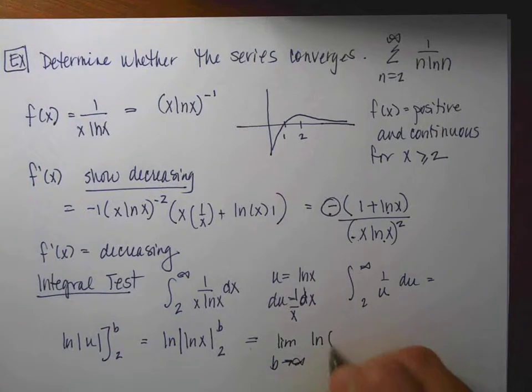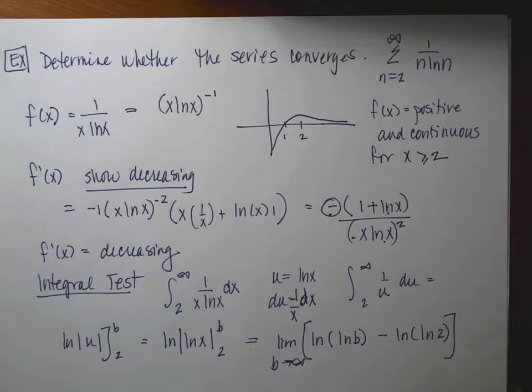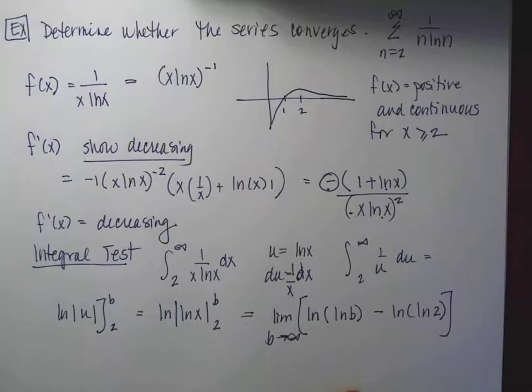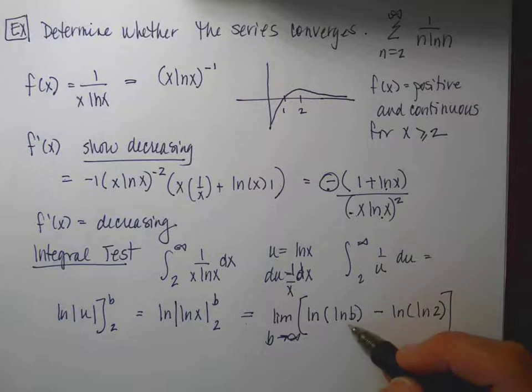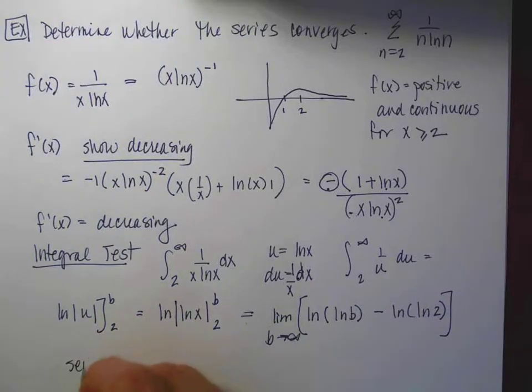So this is going to be the limit as b approaches infinity of the natural log of the natural log of b minus the natural log of the natural log of 2, okay? And then if we looked at this math, we took our limit. This is a constant, so when I take the limit, this guy goes away. And then I would probably have to use L'Hopital's rule to get my limit.